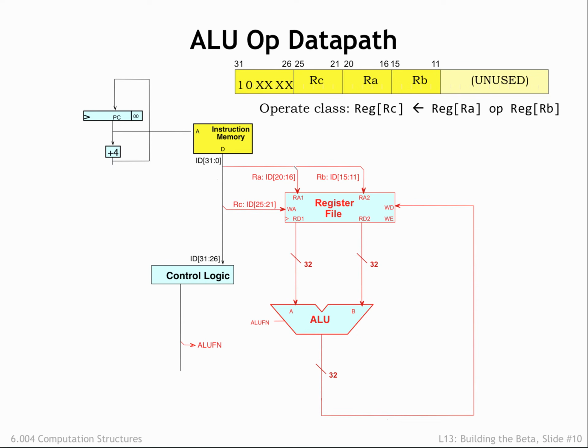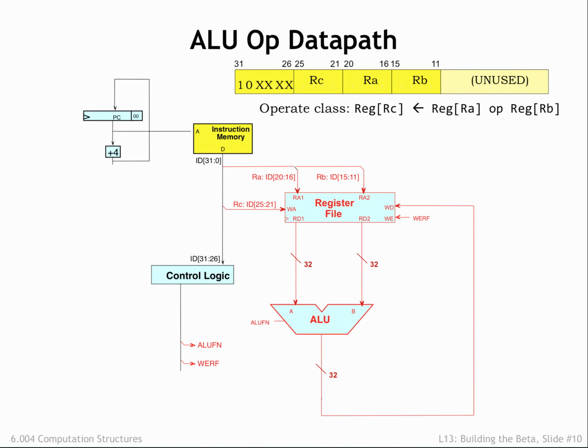Since there are 6 opcode bits, we'll need 2 to the 6, or 64 locations in the ROM. We'll program the contents of the ROM to supply the correct control signal values for each of the 64 possible opcodes. The output of the ALU is routed back to the write data port of the register file to be written into the RC register at the end of the cycle.